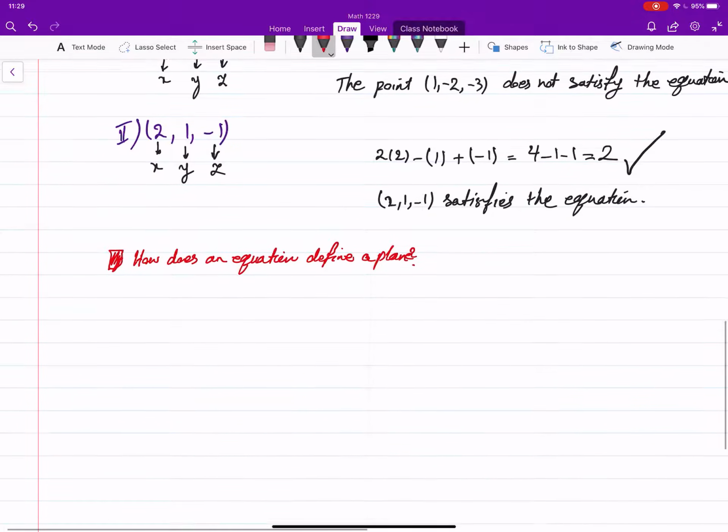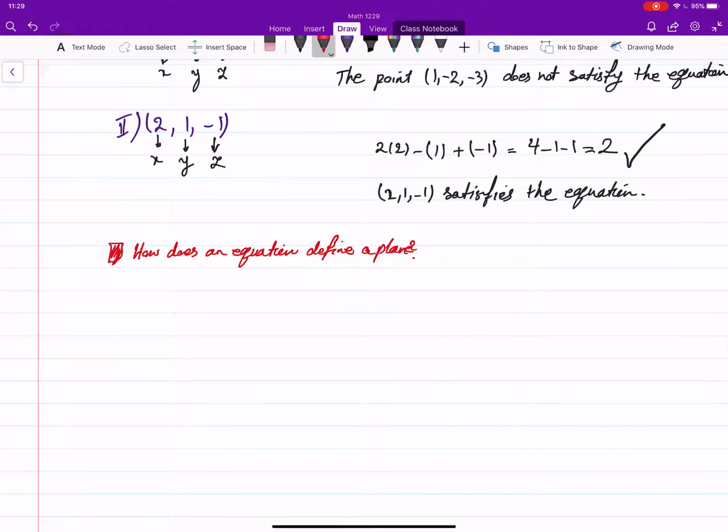Well, here's the thing. You put all the points in R3 which satisfy the linear equation together. You have been given a linear equation in x, y, z. Find all the points which satisfy that equation.